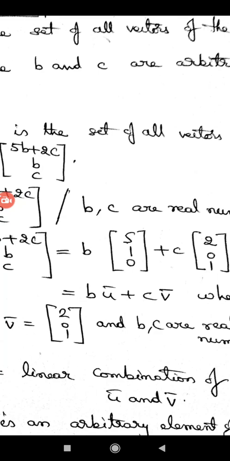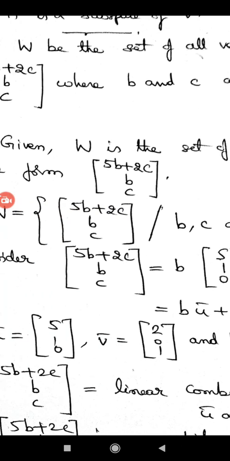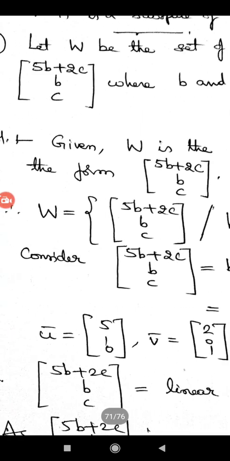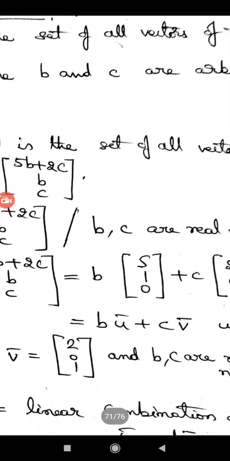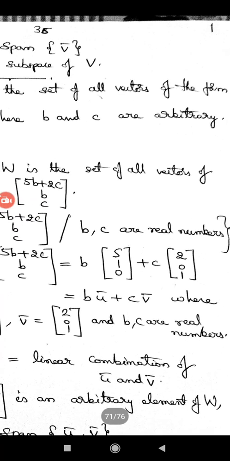And in the third entry, the coefficient of c is 1. So that is how b times one vector plus c times another vector gives you the given vector (5b plus 2c, b, c).